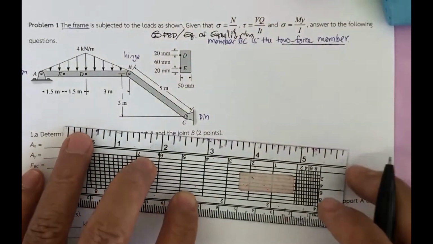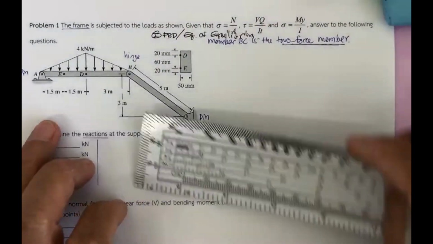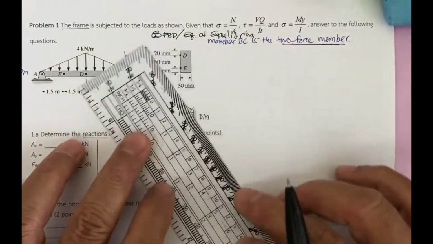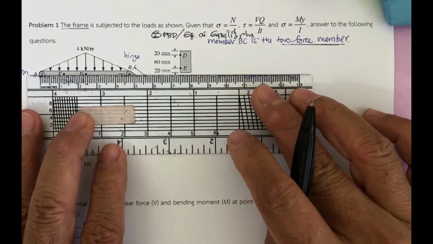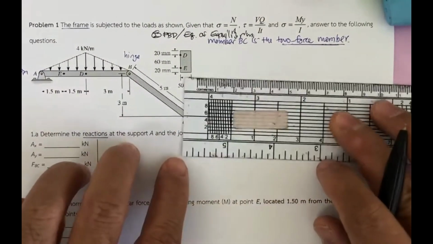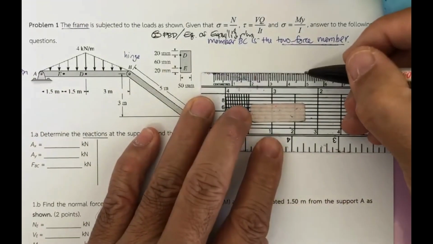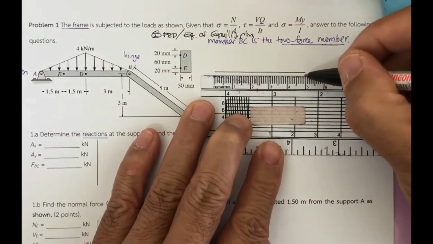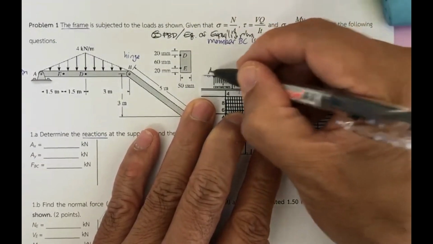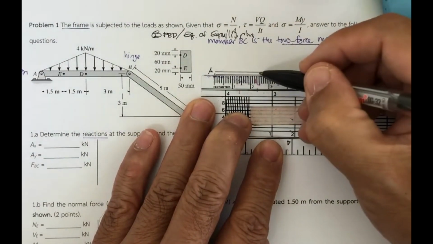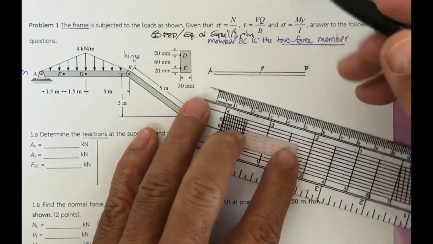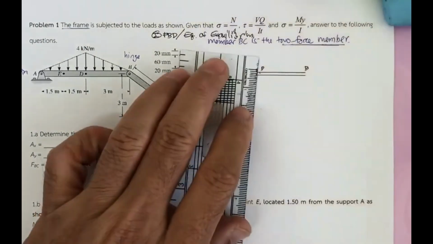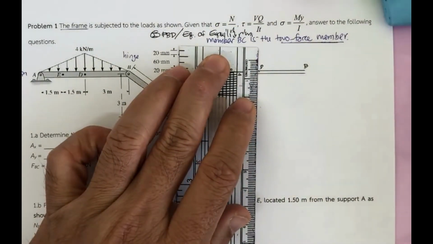Okay, by doing this, let's check how long this is. Let's do some kind of copy. This one is about 5 centimeters. So this one is going to be the beam. This point is A, this point is B, and at the half, point D, the load is going to be applied over here, 4 kilonewton per meter.